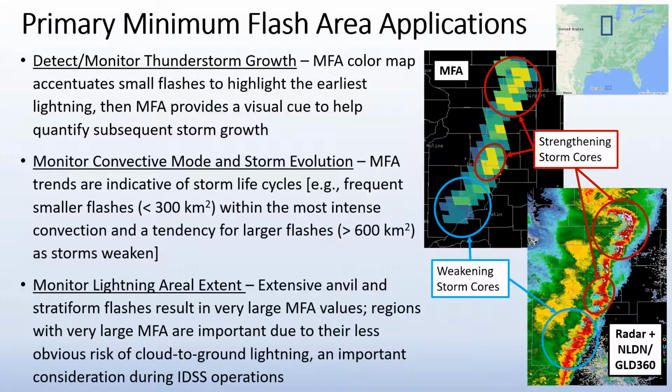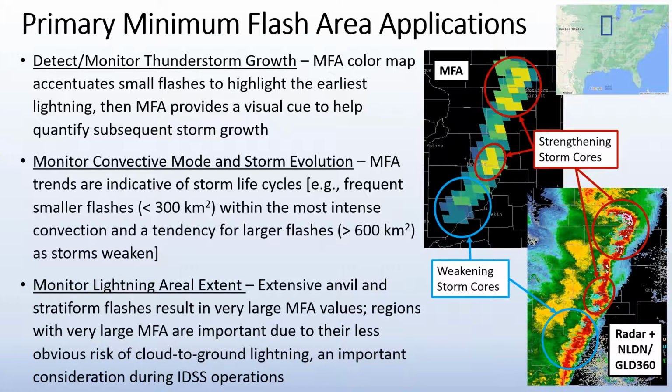So monitoring convective mode and storm evolution. That MFA is indicative of a storm life cycle. So if you've got frequent smaller flashes, typically less than 300 square kilometers, then that's going to be most likely found within the strengthening storm cores of the most intense convection.